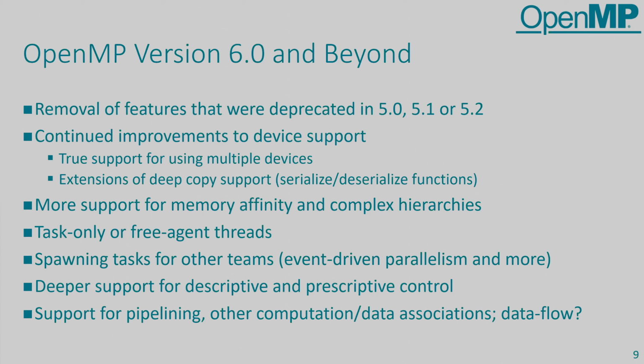We're definitely also looking at improvements for single device support. A big one that we're considering is further enhancements to deep copy support. We added initial deep copy support with user-defined mappers, but with the more intricate deep copy support where you can specify serialize and deserialize functions, you would have much greater capability, and in fact, it would allow you to map from one type to another, from the enclosing region to what you're actually executing on the device.